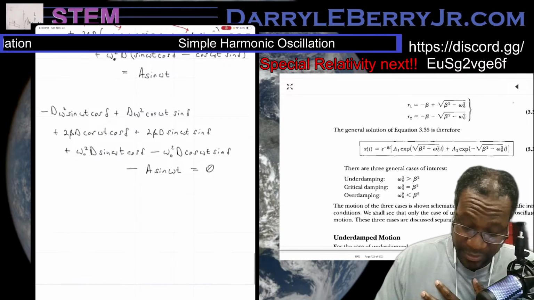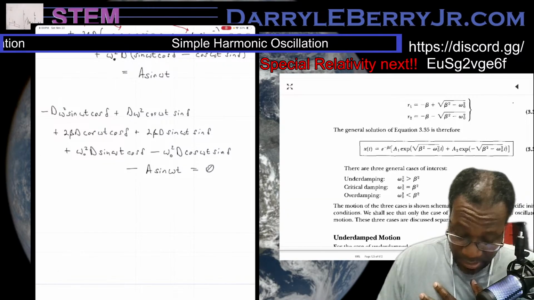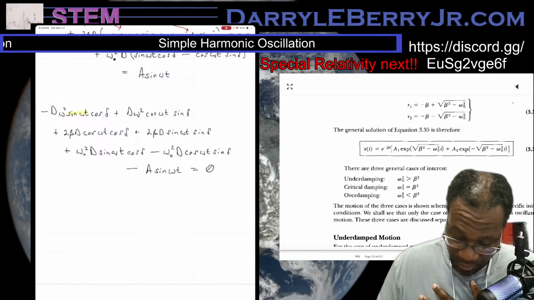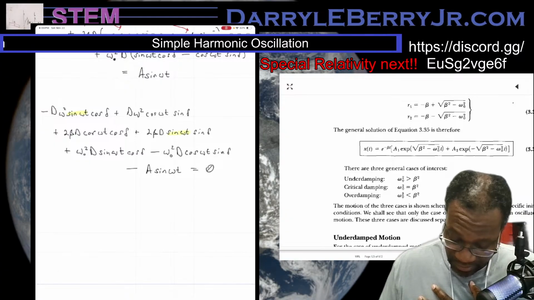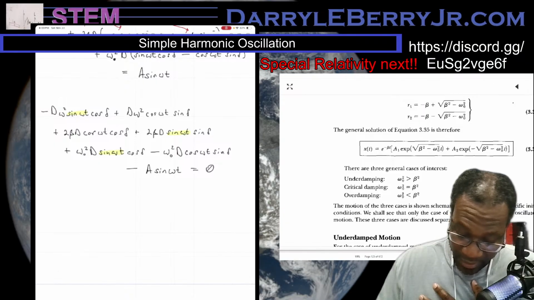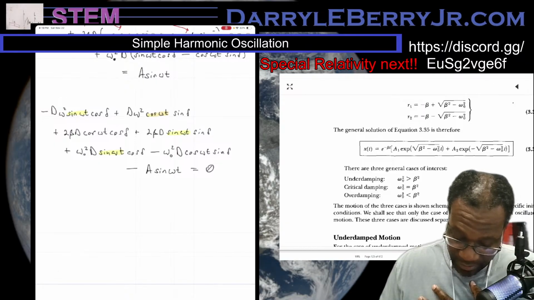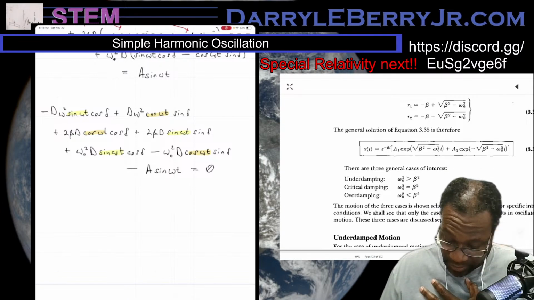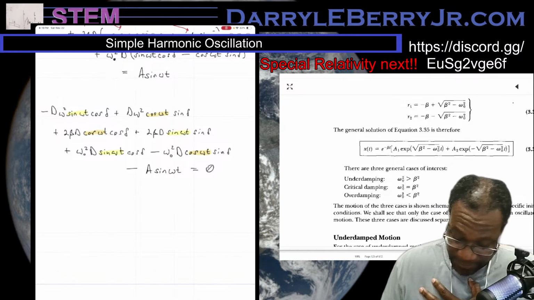One of the things I notice is I have a sine omega t here, a sine omega t there, a sine omega t there, and I have a cosine omega t here, cosine omega t here, and a cosine omega t there. And I left out one sine omega t.